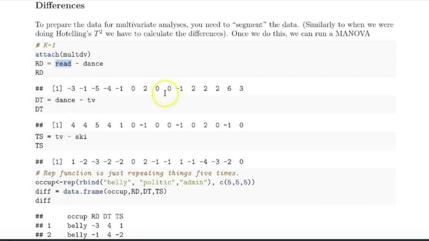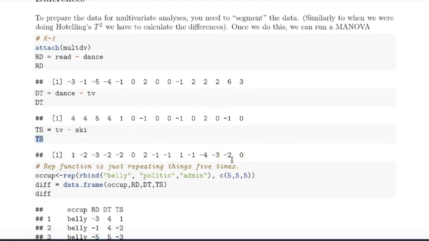So each one of these is a vector, and you can see what's inside of them. I'm calling them here, and that's what makes them print over here. So cool. Those are the differences between the measurements.